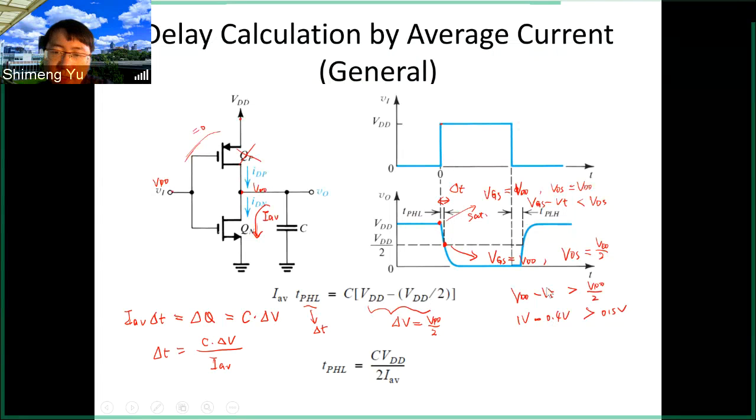But of course, if VT is very large, like 0.7 volts, then this is not valid. But in practical cases, the threshold voltage cannot be that high compared to VDD. VDD is more than 3 times the threshold, so this is generally true. If this is satisfied, you know this is the triode or linear region.